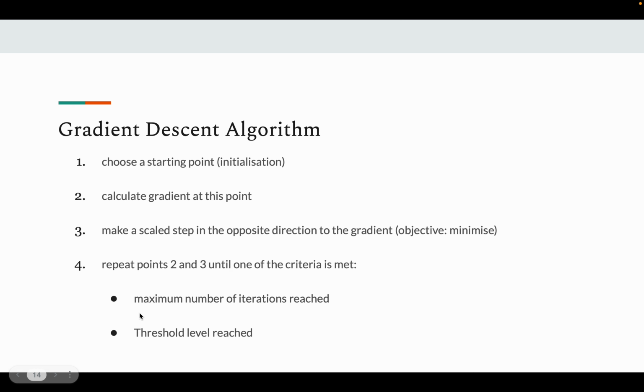In two cases we will exit: when the maximum number of iterations is reached, or when some threshold is reached. For example, if the cost function is almost 0.001 or something like that, we can stop the iteration, or we can say we will do 1000 iterations and then exit the loop. So these are the two exit conditions for the gradient descent algorithm.